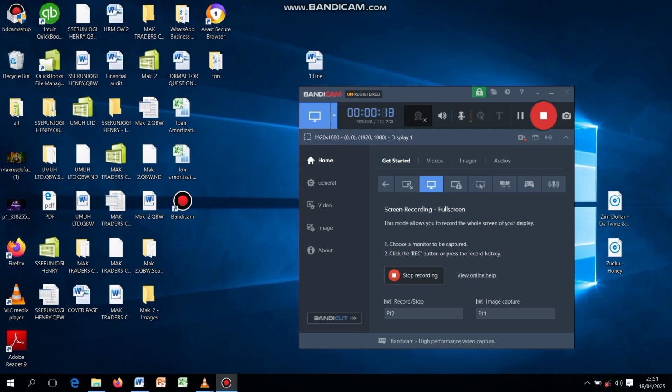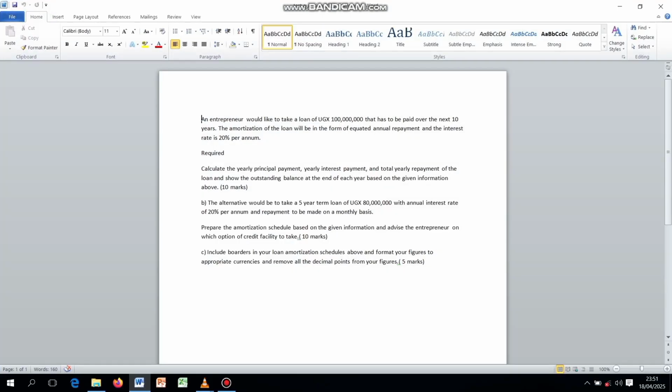So the number we were given for loan amortization, which I'm going to work upon, is here, and I'm going to leave it there for some 30 to 40 seconds so that you can take photos, so that when I start the solution you can be following.